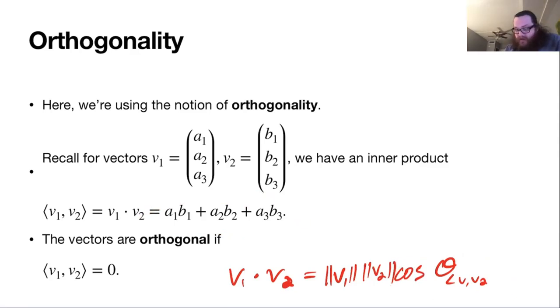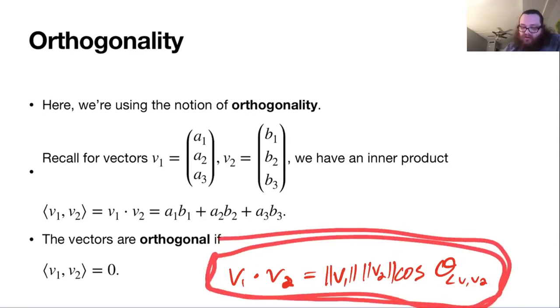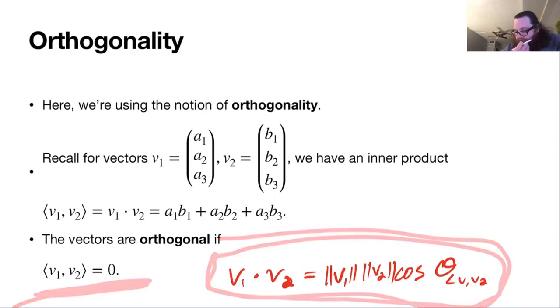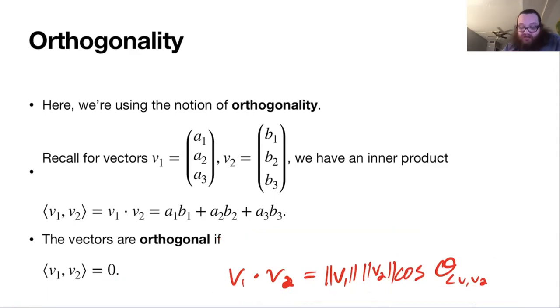If the angle between the vectors is 90 degrees or pi over 2, cosine of pi over 2 is 0, and so v1 dot v2 is equal to 0. So this is geometrically why we call this the orthogonality condition.